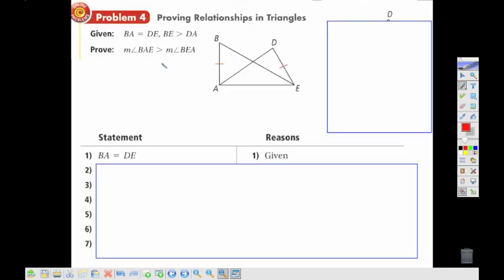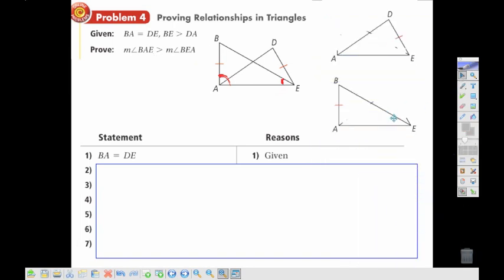In our next proof, we're asked to prove that BAE, so this whole angle here, is greater than BEA, which is just this part of the angle here. Now based on what we're given and the theorems that we have, we probably want to look at these two overlapping triangles here. But notice that this angle here does not really include the part that we want.